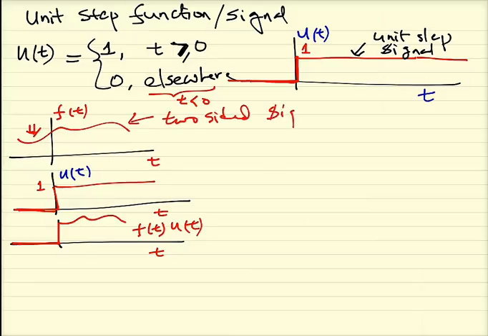Two-sided means it exists for t less than 0 and also for t greater than 0, and in that case it is called a two-sided signal, or also a non-causal signal.